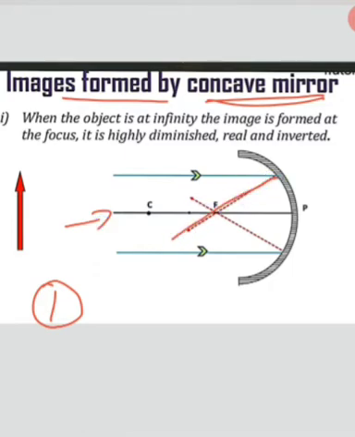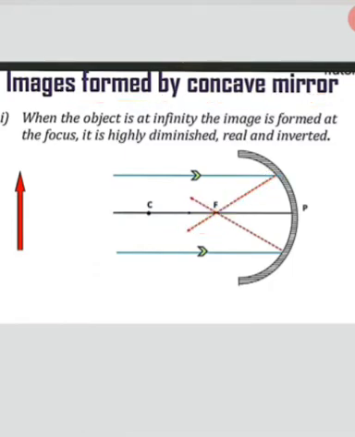As I told in the definition of focus, after reflection light rays actually move through the focus. So the same thing is happening here. Here it has been shown that the object is kept at infinity and its image is formed at the focus, and the size of the image is diminished, very small. Its nature is real and inverted. Real and inverted images I have already discussed in the previous video.